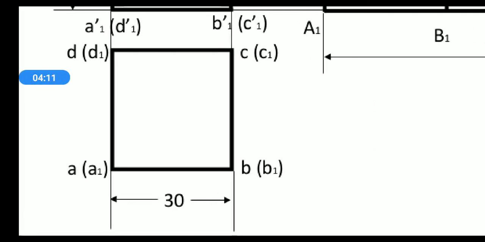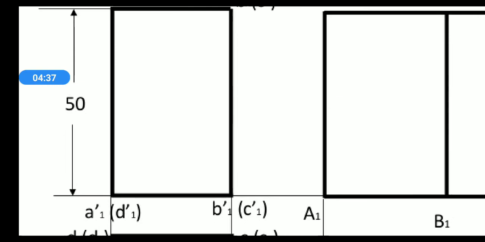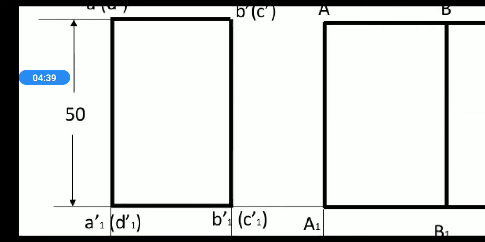The front side is marked A, B, C, D, and the back side also has four corners, represented as A1, B1, C1, D1 in brackets.